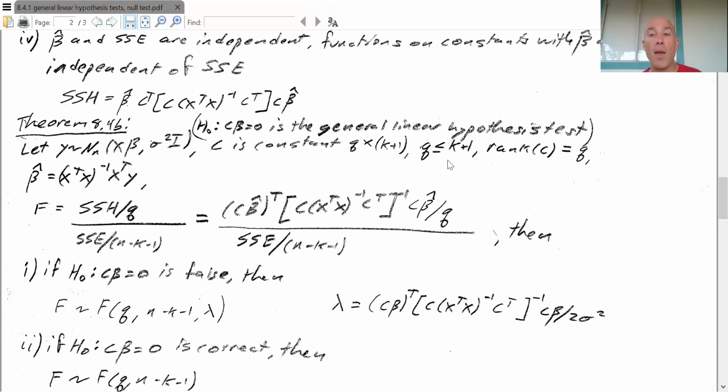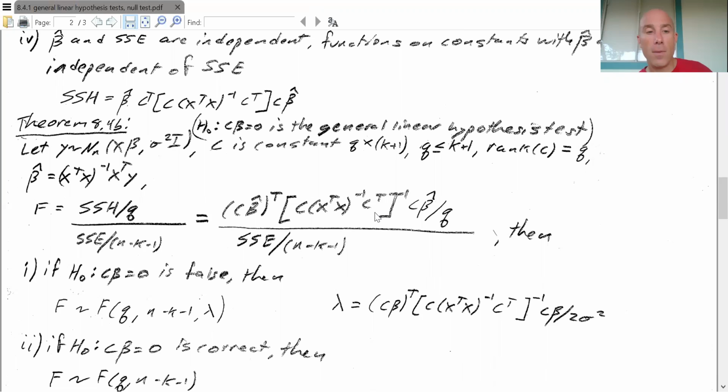Q is less than or equal to K plus 1, and we have full rank. All right, we're going to say that beta hat is the well-known coefficient estimator, and we're going to take F to be SSH over Q, over SSE over N minus K minus 1, which we rewrite like this for the situation.